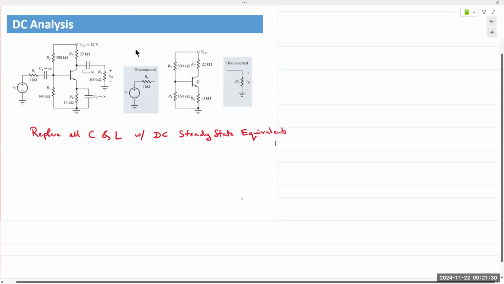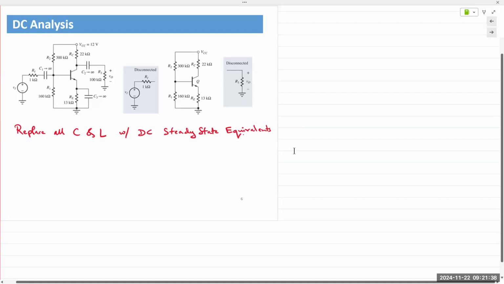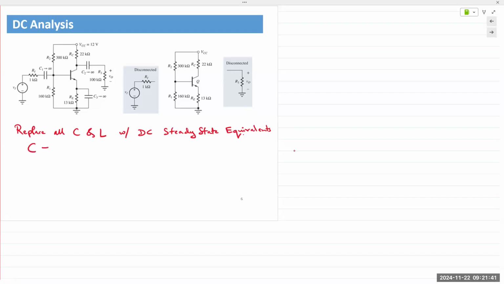And for a capacitor, that means replacing it with an open circuit. An inductor is replaced with a short circuit. So capacitors are replaced with an open circuit, inductors replaced with a short circuit. And because of that, the input AC voltage is no longer connected, and neither is the output.